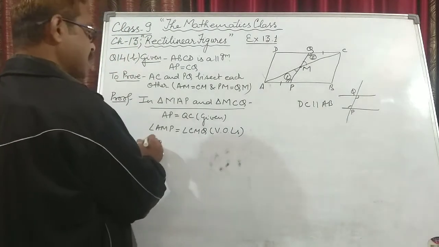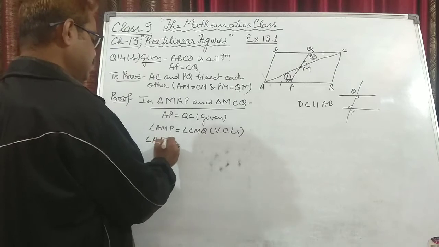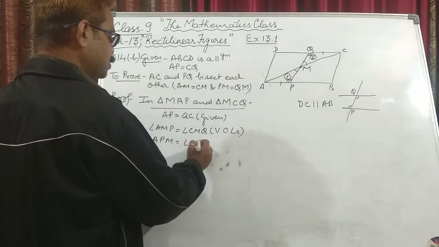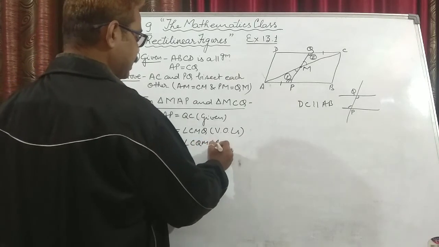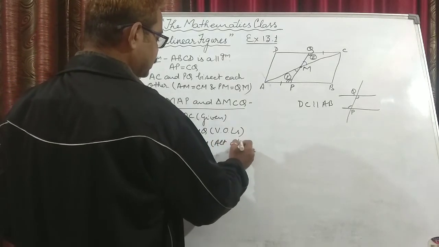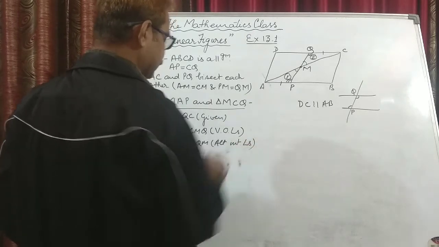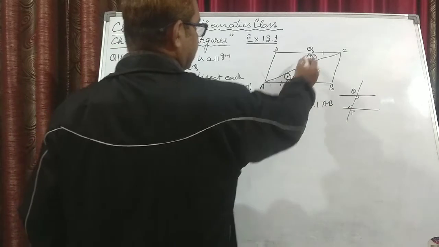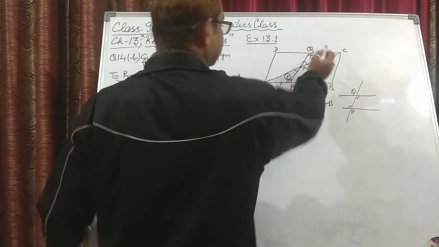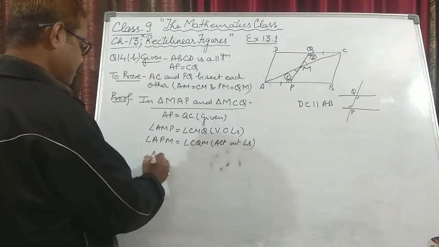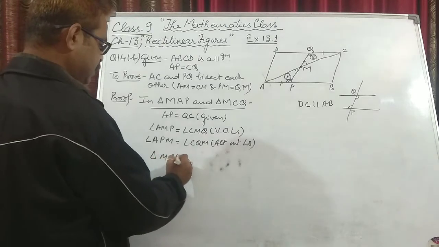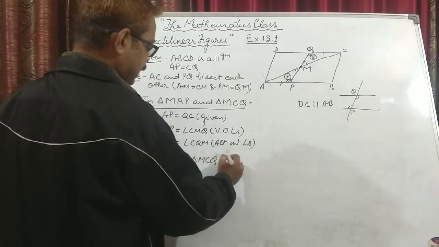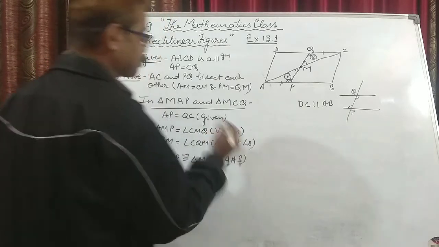So we can say angle APM is equal to angle CQM. Why? Because they are alternate interior angles. Now angle side angle. So triangle MAP is congruent to triangle MCQ by the ASA rule.